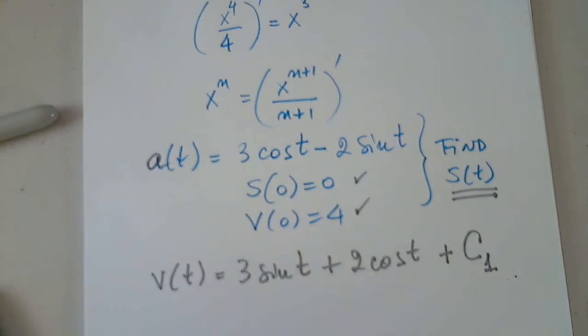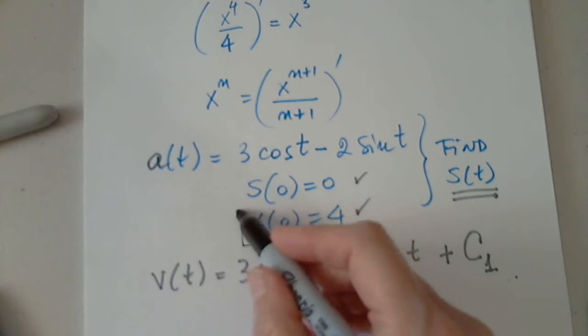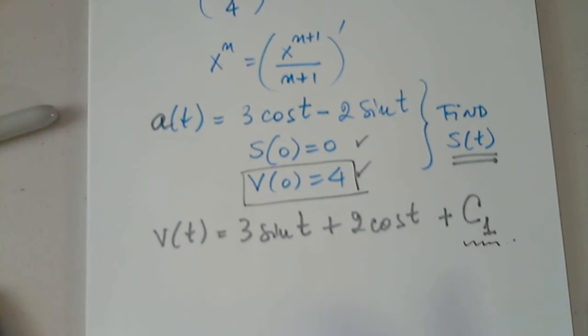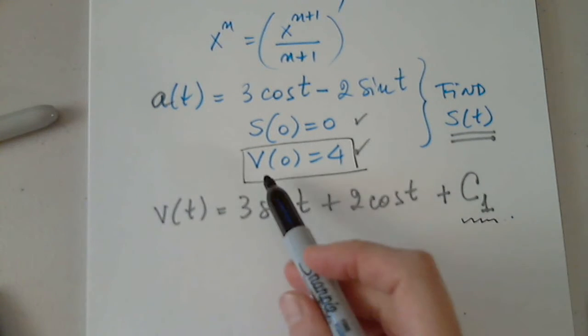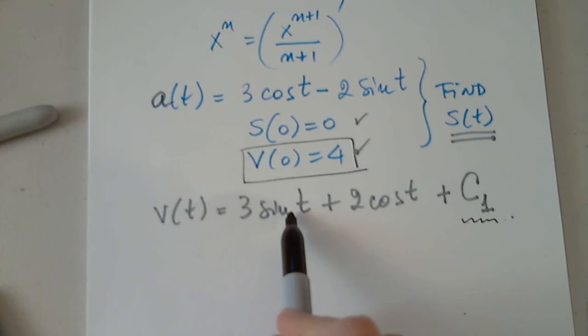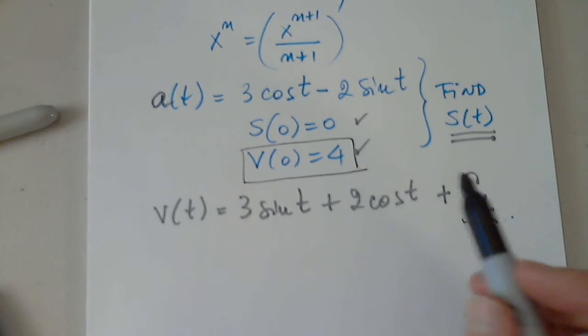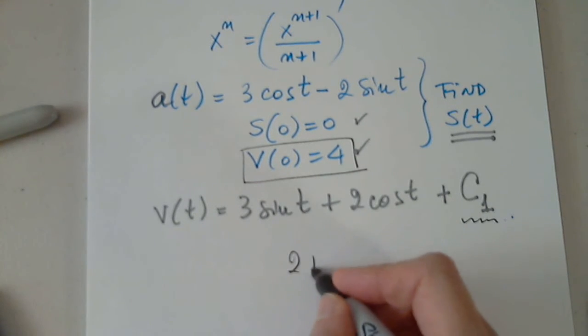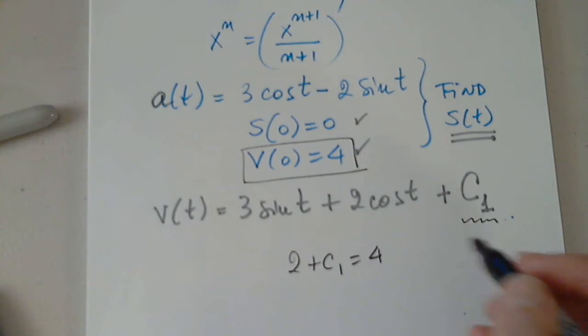At this point, I will use this information because I really want to determine c1. I know that v of 0 is 4. So when I plug in 0 for t here, I get 0. When I plug in 0 here for t, I get 1 times 2. So 2 plus c1 equals 4.